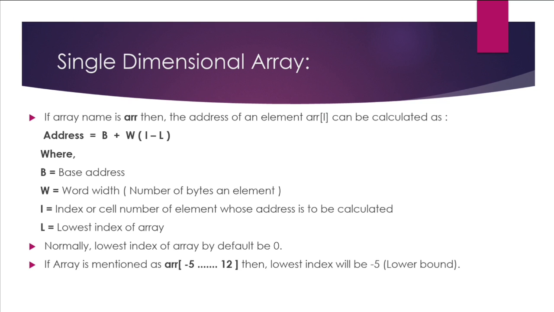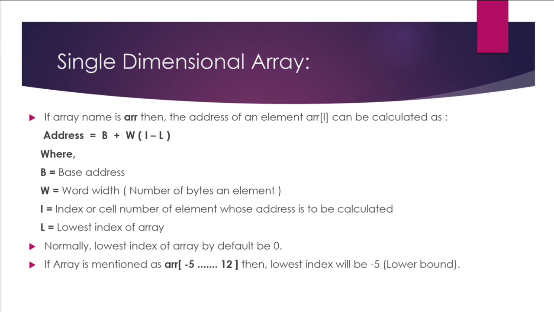We have a formula for that. Address equals base address, meaning the starting location of the array, plus W times (I minus L). W is the width, meaning if it is an integer array, then the width is 4, the number of bytes an element stores. I is the location we have to find; for the ARR fifth location, I is 5.